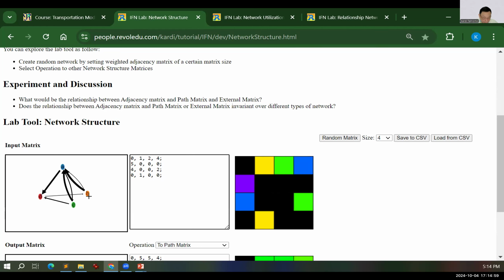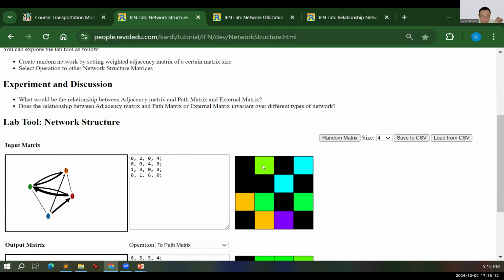When you click the Control button, you can hold this and change that. You can also add value here to increase or decrease. Right click here will decrease. If you left click in this visualization of the matrix, you can increase the value.